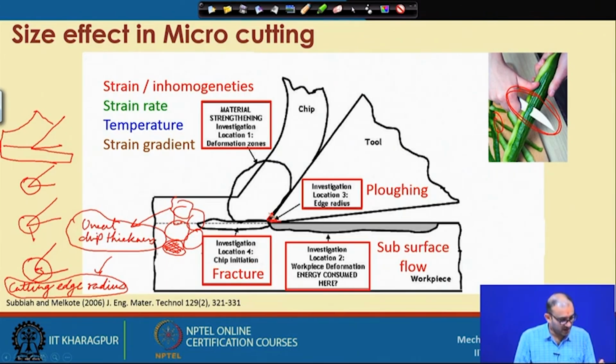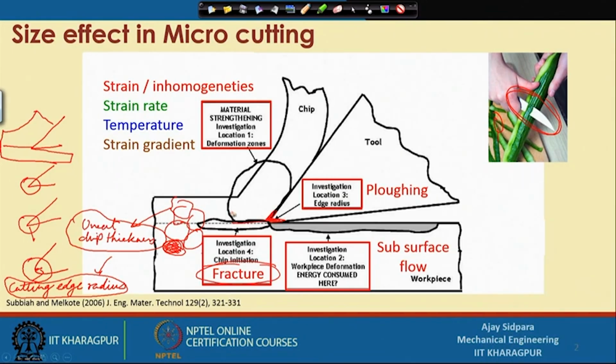Whenever your tool edge or cutting edge encounters such a defect, it is easy to remove material. But at micro scale, the probability of encountering a defect is very low. So, we have to see in which case our material will be efficiently removed in terms of chips. Fracture is also one important thing in chip initiation, because if it is a brittle material, you will get crack propagation.